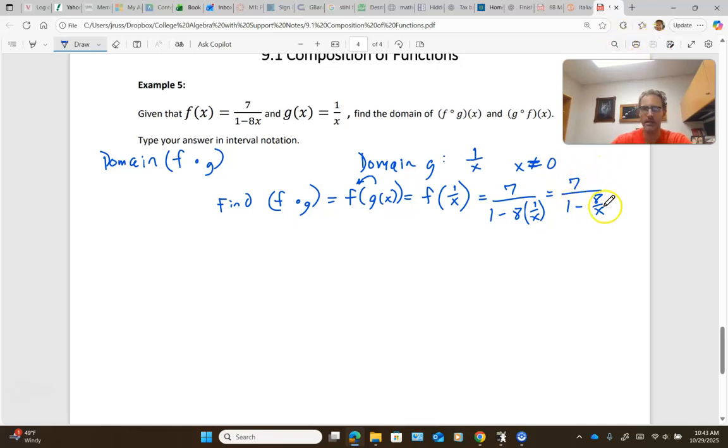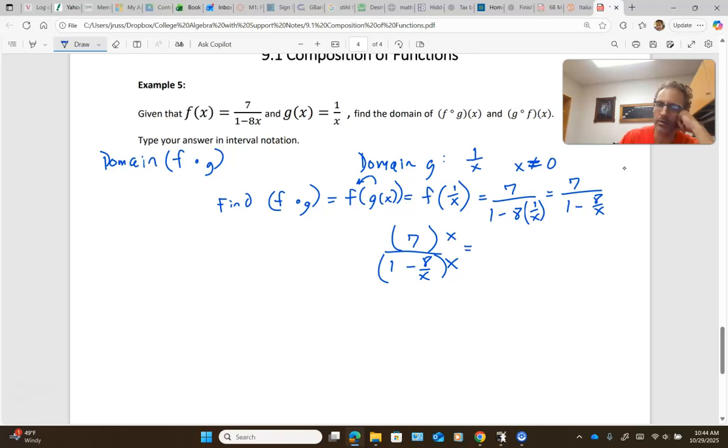And you can do this, guys, by multiplying both the numerator and denominator of the larger fraction by whatever the denominator of the smaller fraction is. So since it's x, I'll show you: multiply the numerator by x and also the denominator by x.